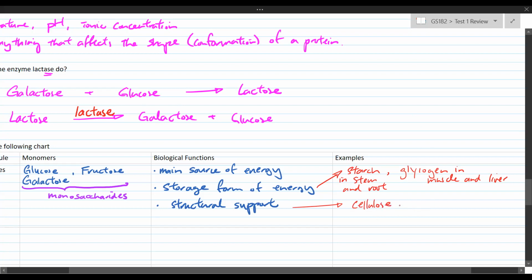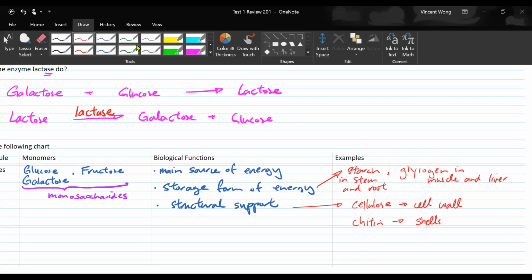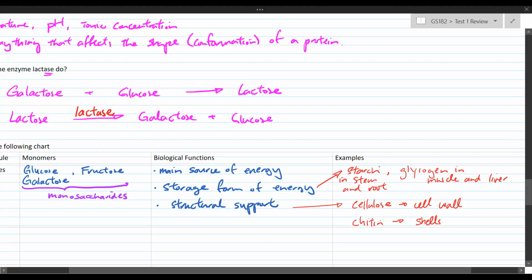Cellulose for cell wall. And we also have chitin. Chitin for shells in crabs, lobster, clams, bugs. Okay? So these are polysaccharides.